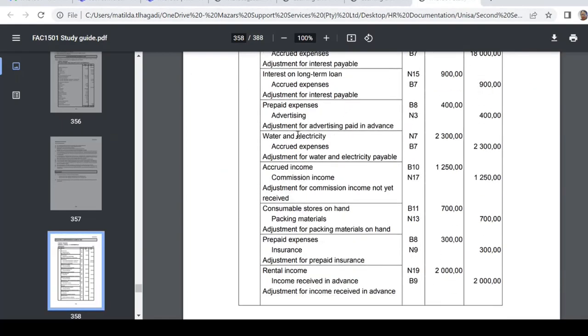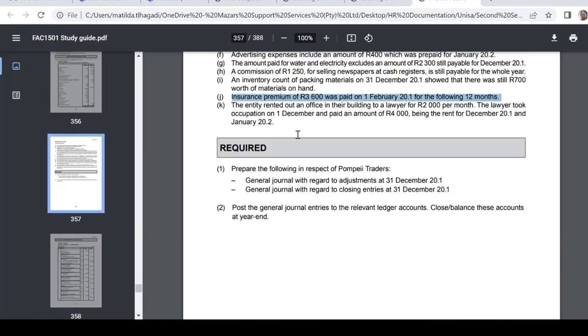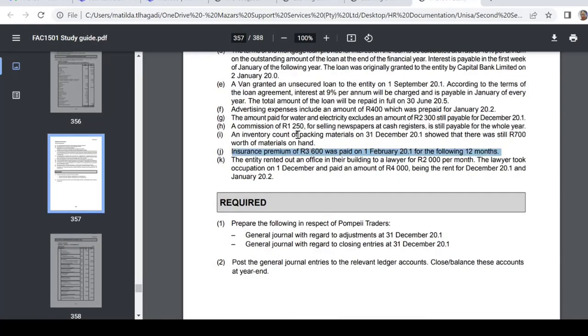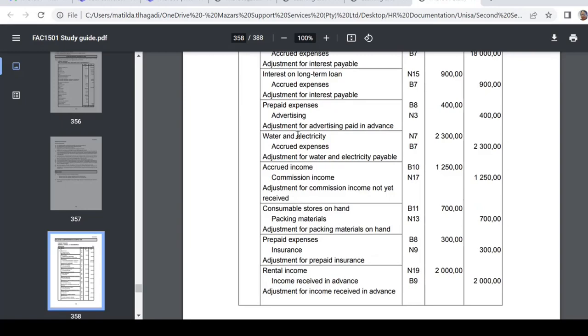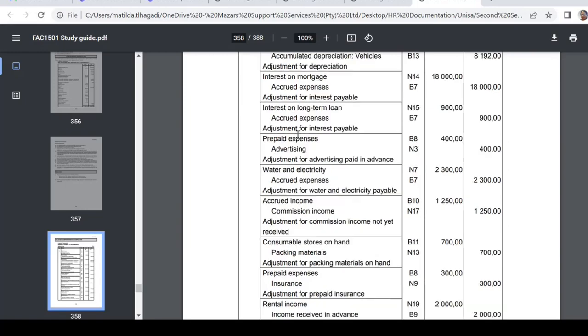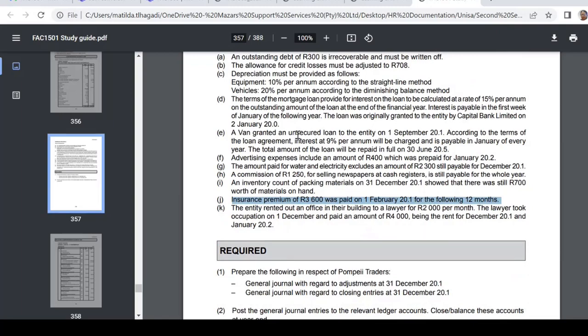So we've got a 300 prepaid expense. Can you see? Yes. So debit prepaid expense and credit insurance, because the insurance for the current financial period should in total be 3,000.